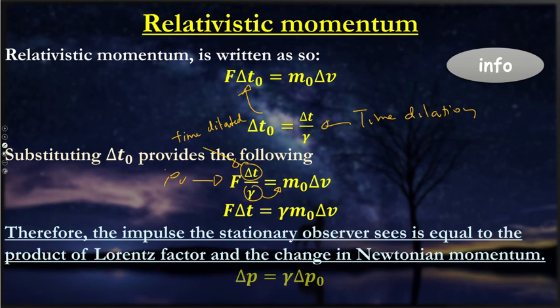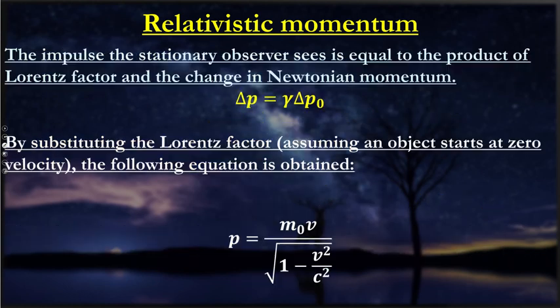So, this is what I get. So this becomes change of p, which is equal to gamma, and we know that m naught delta v is still the original proper momentum we were looking at. Okay, so that's the formula we get.